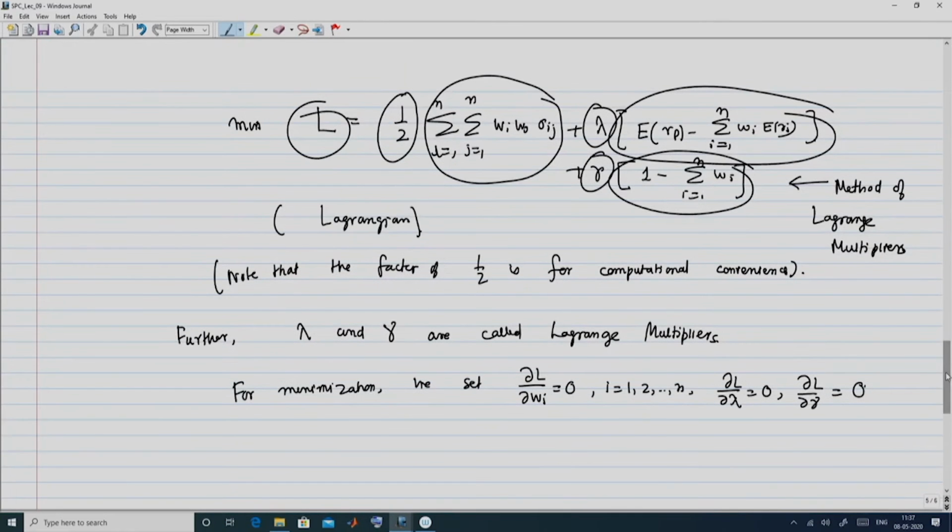You will see that the derivative condition in terms of gamma will recover the other condition.